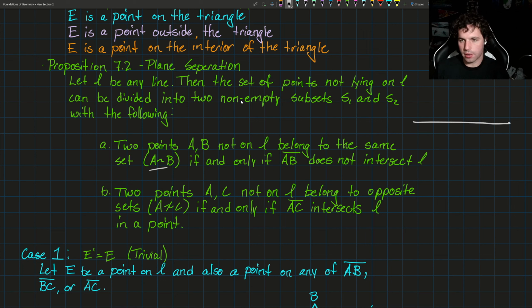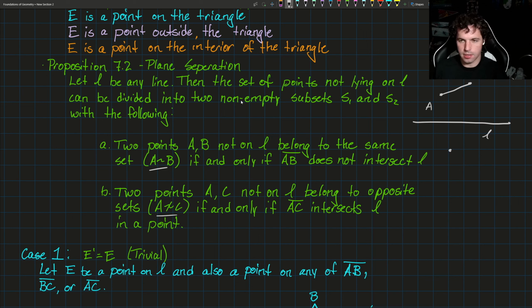Right? So if we have L and we have AB, this segment does not intersect L, so they're on the same side. And then on the other case, 2 points A, C not on L belong to the opposite sets, so A is not related to C if and only if AC intersects L in a point.